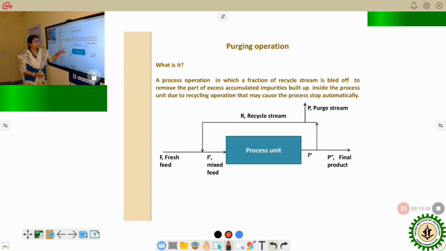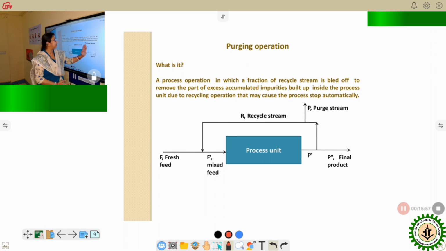So this is a block diagram of purging operation where it is shown that fresh feed is entering, recycled stream is coming, mixed and giving a mixed feed. After leaving this processing unit, what stream is coming out? That is the product stream.